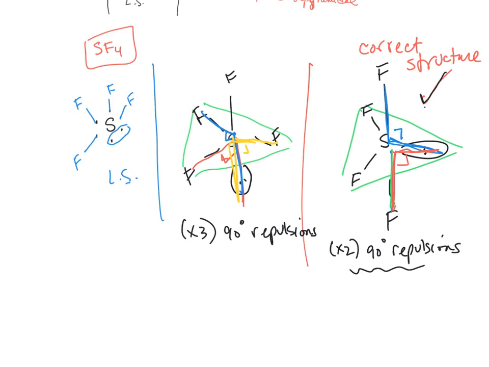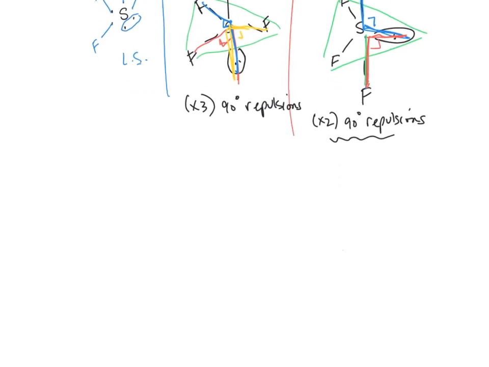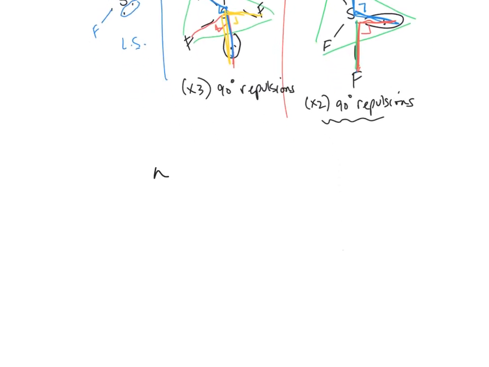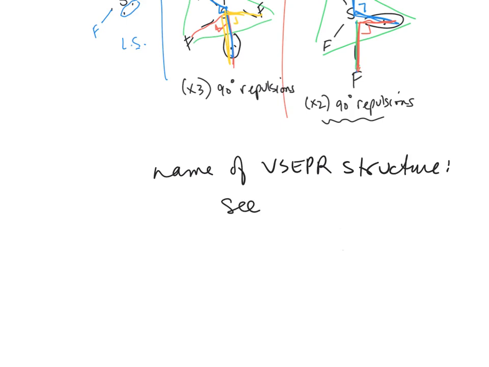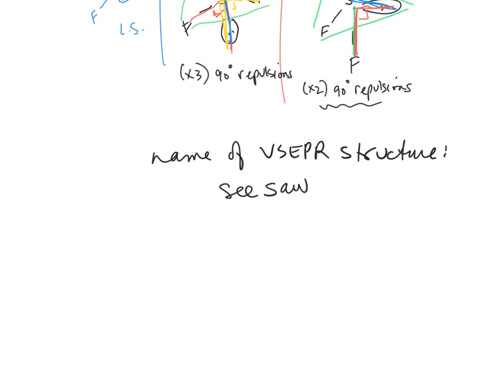And also the name of this one, the name of the VSEPR structure, is seesaw. And a seesaw is something that the little kids play with in the park. They get on the seesaw and go up and down.